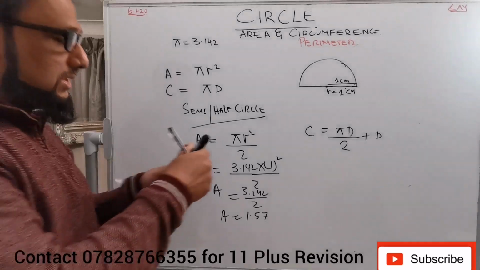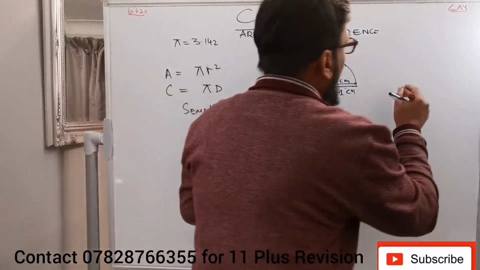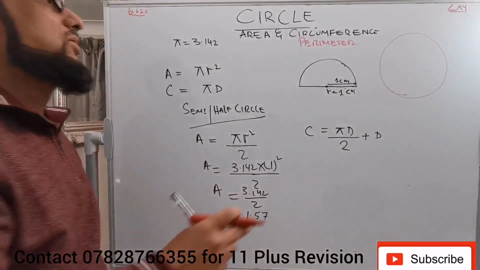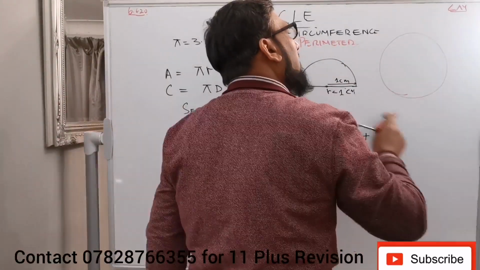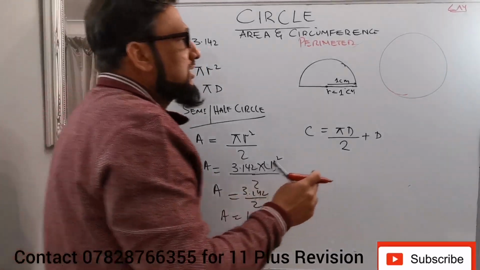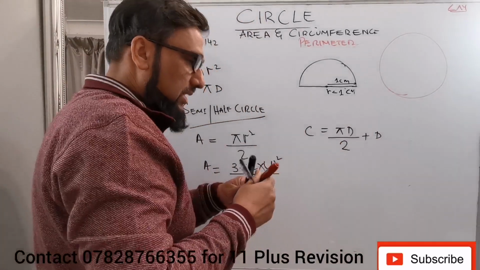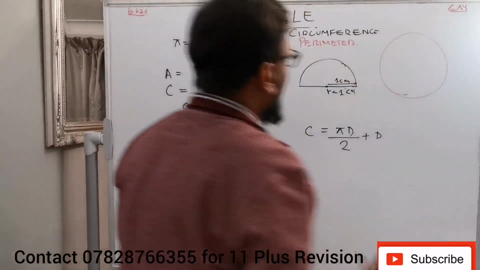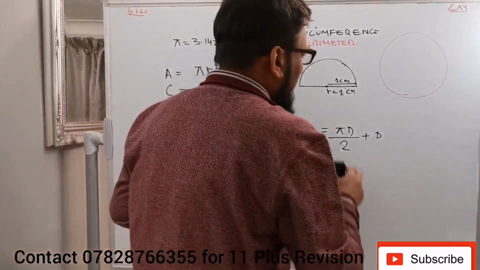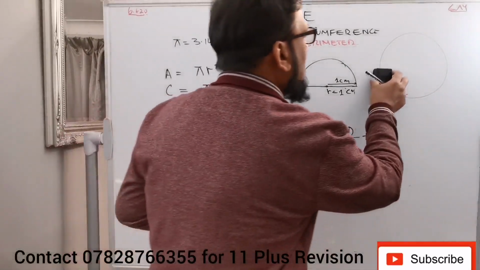You need to understand this. If I find the circumference of the full circle and divide by 2, it means half the circle.